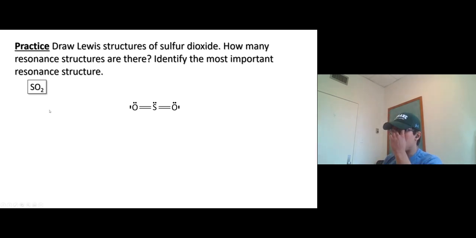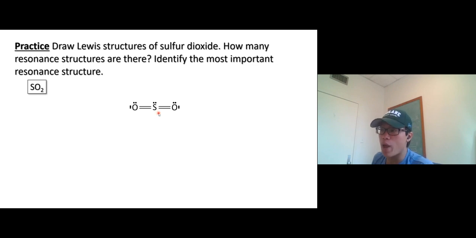Now check the valence electrons of each atom. Oxygen on the left side: 1, 2, 3, 4, 5, 6, 7, 8, so 8 electrons. Oxygen on the right is the same, so octet. Sulfur in the middle, though: 1, 2, 3, 4, 5, 6, 7, 8, 9, 10, so 10 electrons.